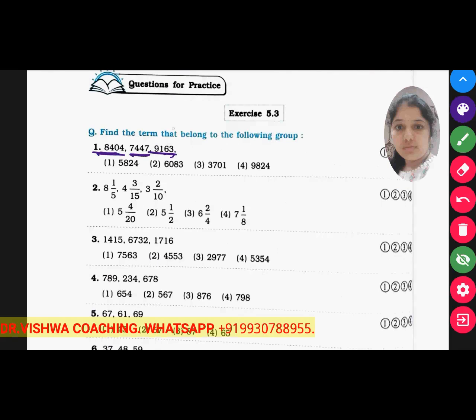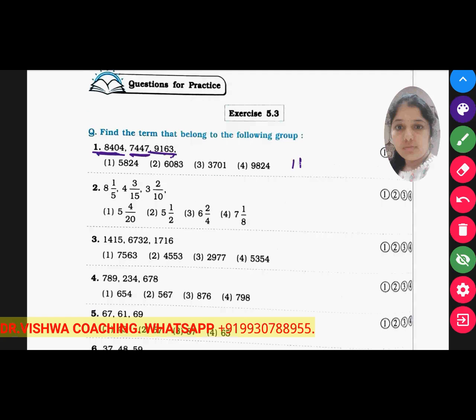If you look carefully, one is odd, two is odd, one is even, so not divisible by 2, everyone. So we will add them. If we add them, again you cannot judge whether it is divisible by 3 or 6 or 9. So we will check the divisibility test for the higher numbers.